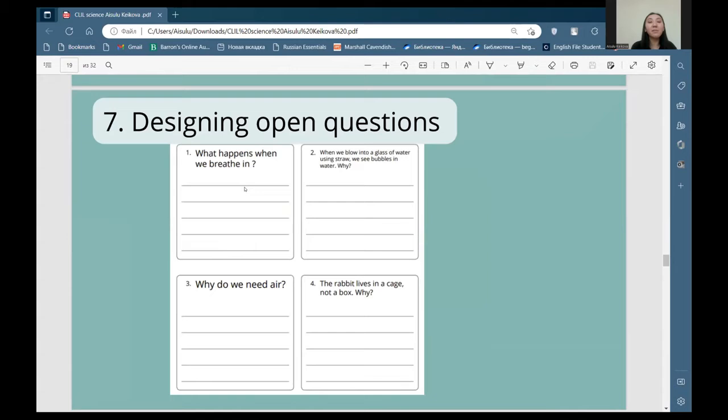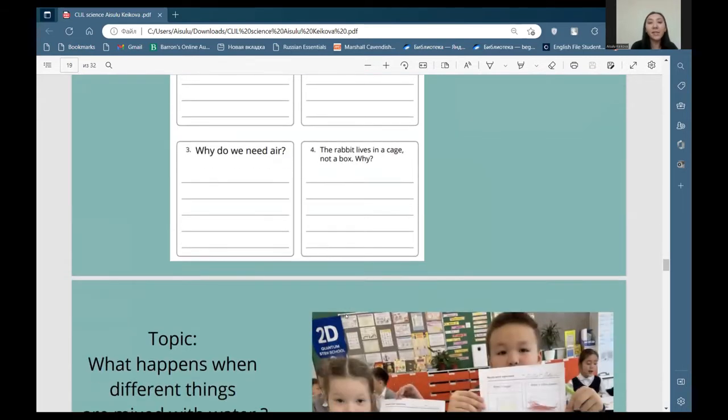Here students provide their own answers, so they can use the keywords they have learned. For example, the latest question was, what happens when we breathe in? They just say chest bigger, take air in, or something like that. So it's very simple answers, but I think it's already good enough for second graders.